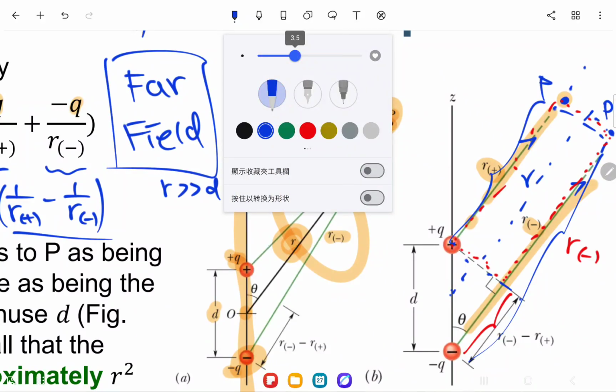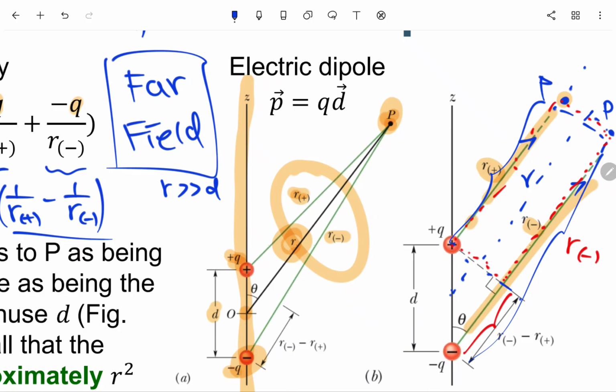And then this is D, and we assume this is theta. So this part will be D times cosine of theta. So this side over this side will be cosine of theta.